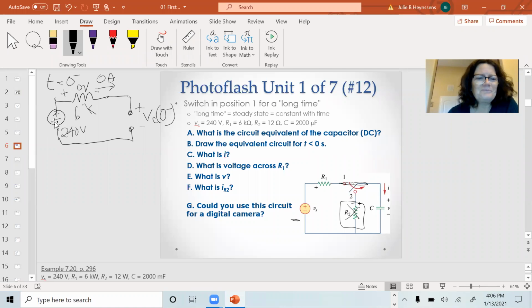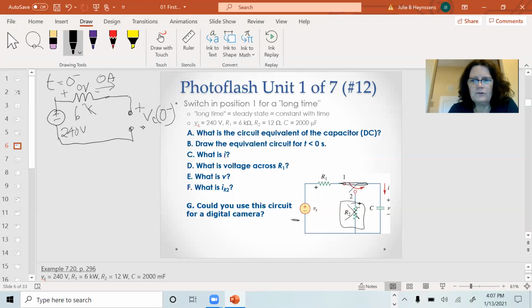Okay. So now with this simple circuit, I've got the voltage across the DC supply. I have the voltage across the resistor. The only unknown voltage in that loop is the voltage across the capacitor. So I can apply KVL, 240 minus 0 minus VC equals 0.